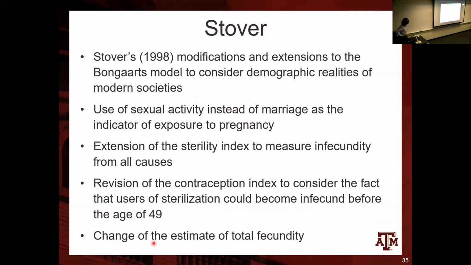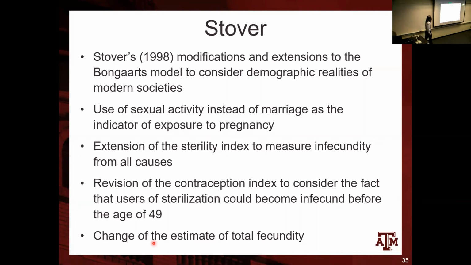And like something that I mentioned before, Stover's modifications and extensions to the Bongaarts model consider some demographic realities in our more modern societies. So he suggests even use of sexual activity instead of marriage as the indicator of exposure to pregnancy, exactly because of women having children before getting married. Extension of the sterility index to measuring fecundability from all causes.